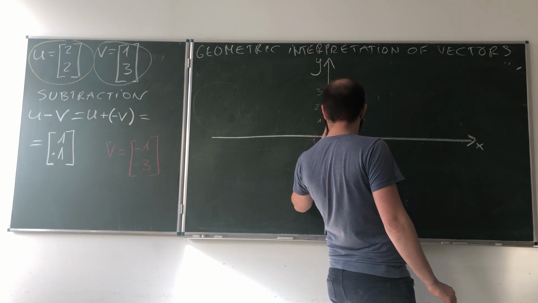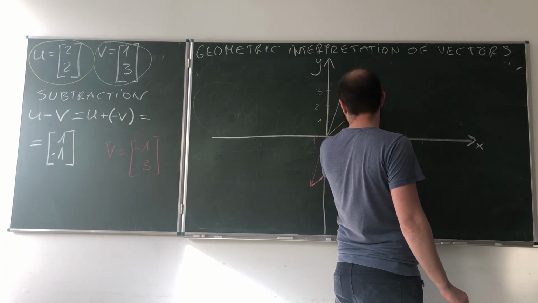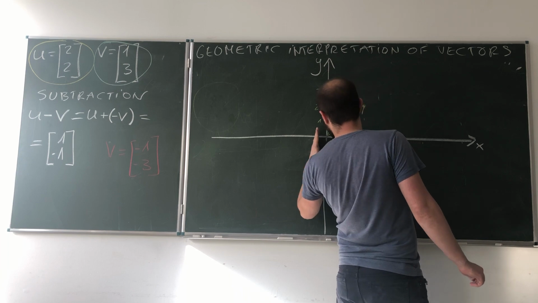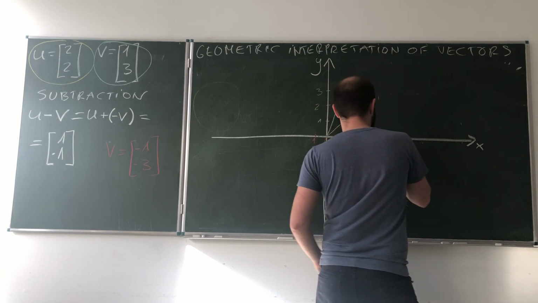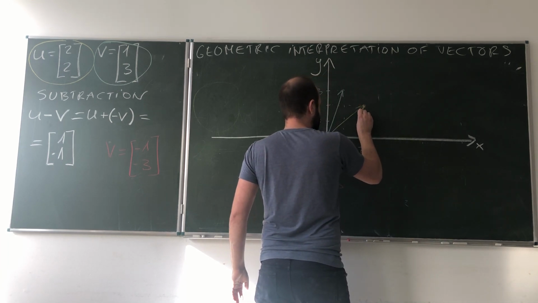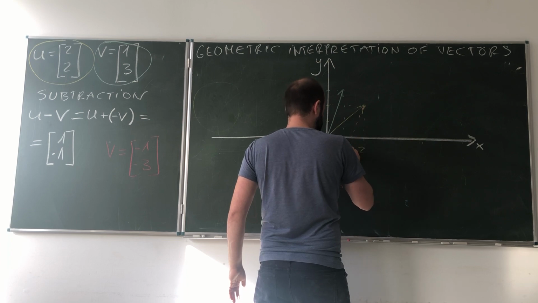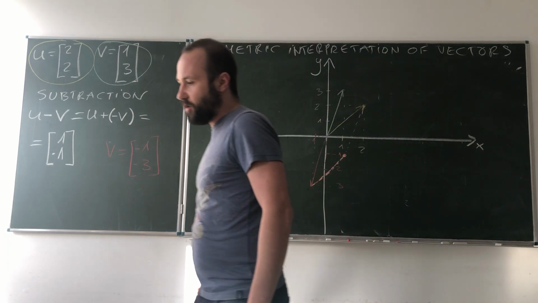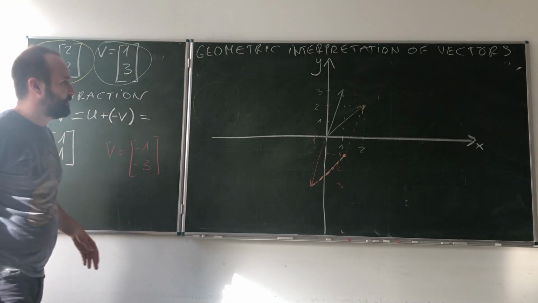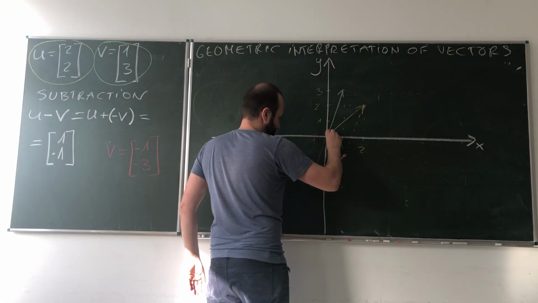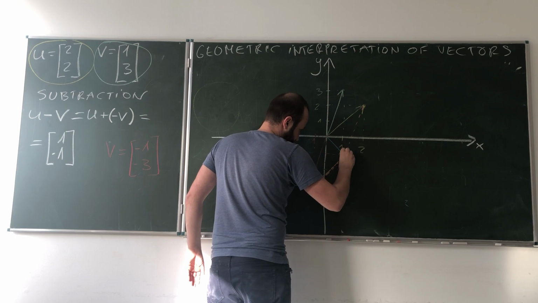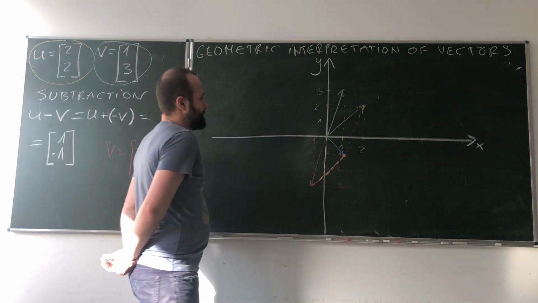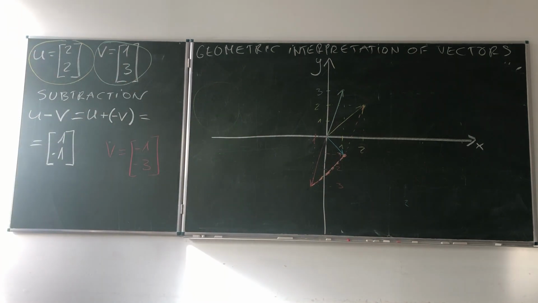I'm taking this line and I'm moving it parallelly until I reach this arrowhead. Okay. Now, all we need to do is to go from the origin and make our final vector.